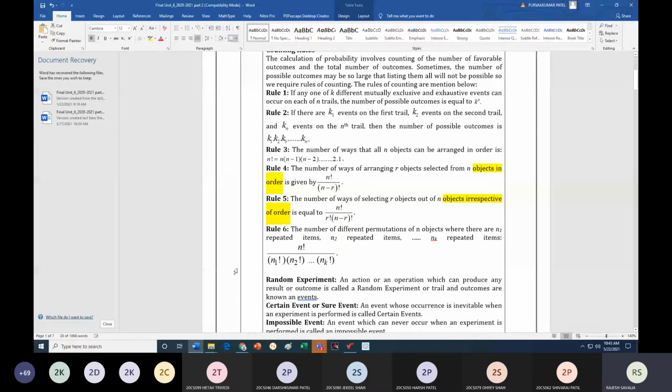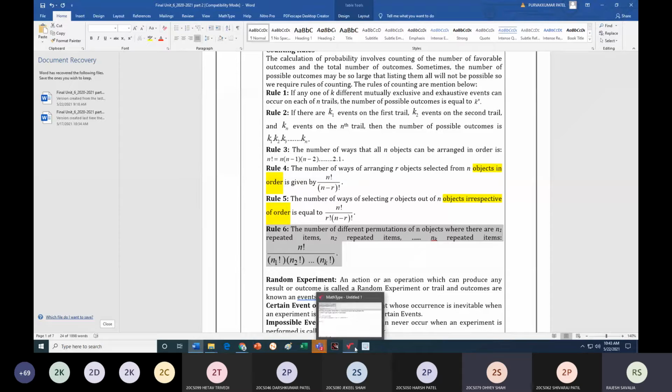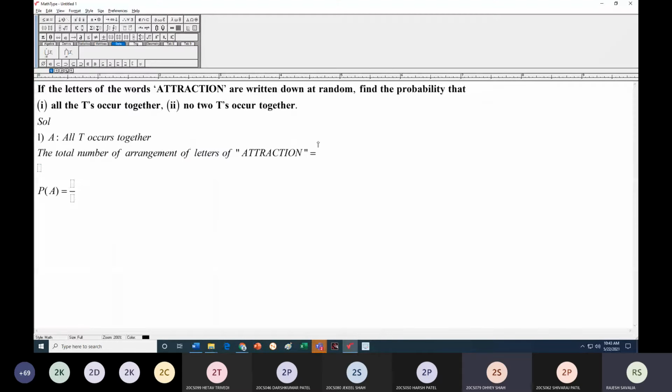Look at rule 6. The number of permutations of objects where there are n1 repeated items, n2 repeated items, nk repeated items. So we are going to use rule number 6.